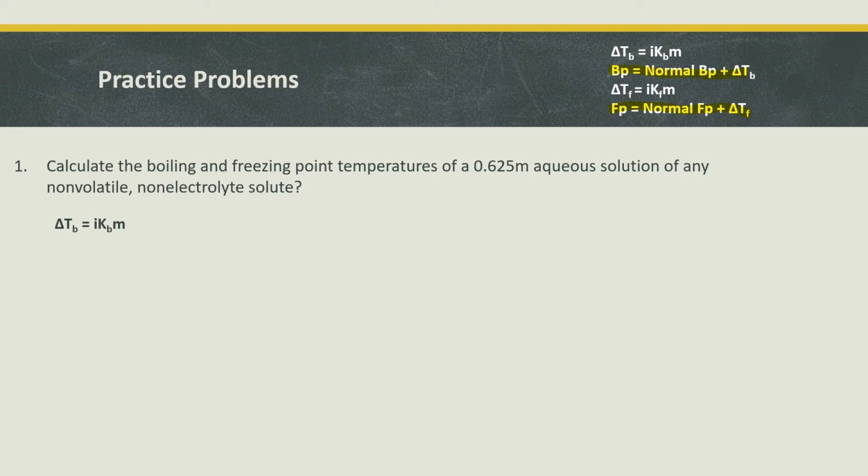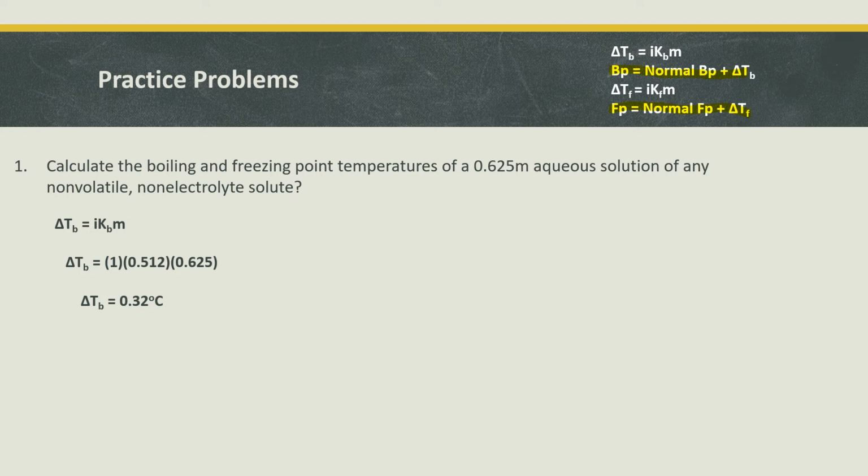And remember, the boiling point constant for water is 0.512, and then obviously you see the M right here in the problem. So I'm going to write down what I have. So again, 1 is the I, the K sub B is a constant, and that's the boiling point of the water, and then the 0.625 comes from the problem. So we'll go ahead and solve this out. And I come to find out that my boiling point elevation is 0.32 degrees Celsius.